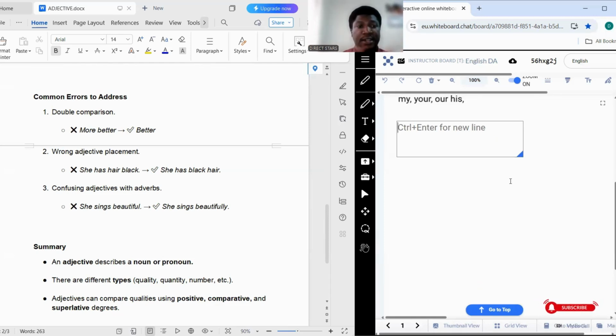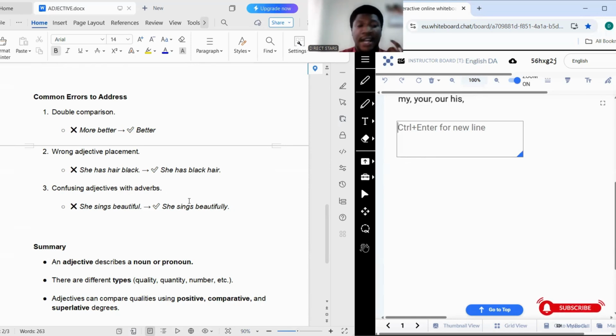You can just say better instead of more better. Wrong adjective placement. You can place the adjectives in the wrong part of the sentence. For example, if you say she has hair black, no, that's wrong. She has black hair. Confusing adjectives with adverbs. If you say she sings beautiful, no, it's not correct. She sings beautifully, which is an adverb of manner.